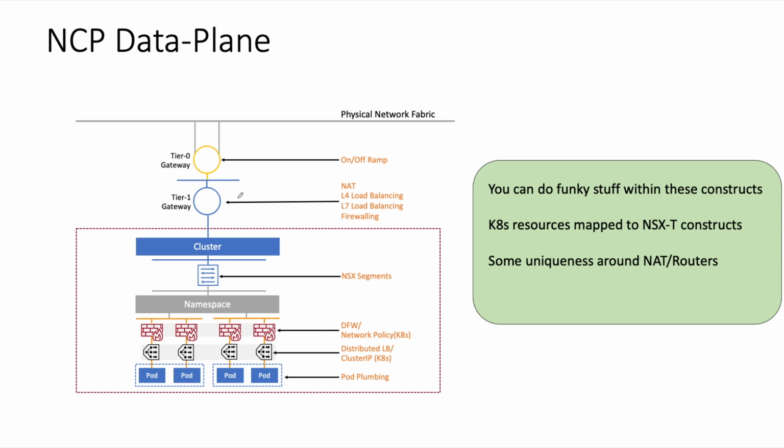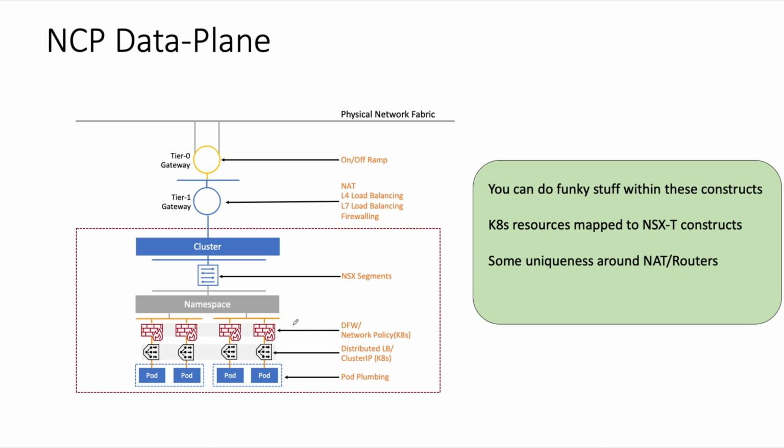That's going to be done up here a lot of times. Depending on the config, there's some variability here, a little bit more variability than there may be in the Avi Antrea combo. And then also what's going to happen is, we're going to automate the provisioning of segments and then plumbing of those segments inside the hypervisor into your various pods.